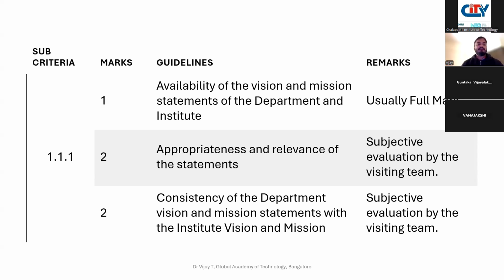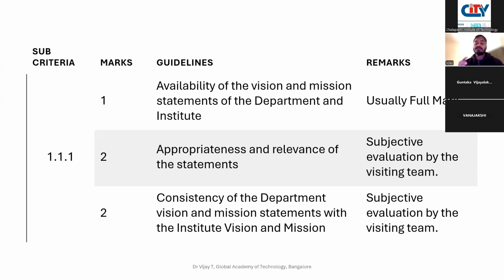So usually the evaluator is going to allot full marks for this. The second parameter here is appropriateness and relevance of the statement. It is a subjective evaluation for 2 marks. For this, you need to develop a matrix of how the vision statement of the department is getting mapped with the vision statement of the institute. It is not a mission and PO matrix; it is the vision of the department and vision of the institute mapping, and the mission of the institute and mission of the department mapping.